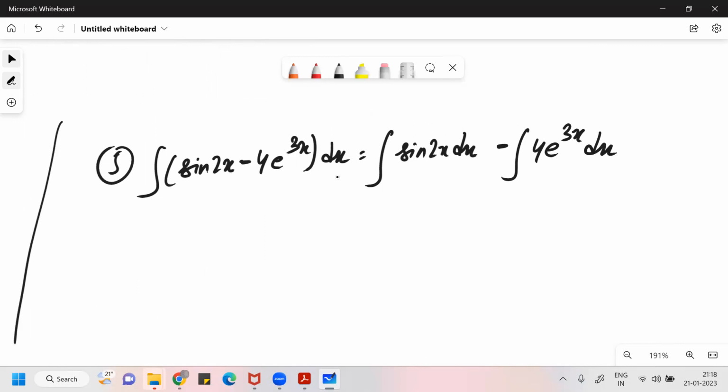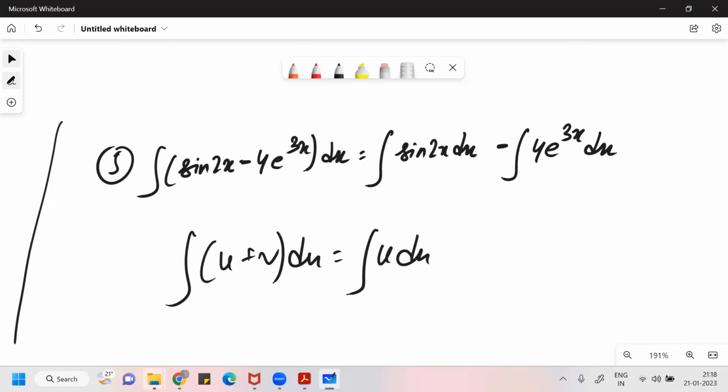Remember, when you are working on integration, the constant can move in and out of the integration sign, and you can remember that the integration of (u plus v) dx is nothing but the integration of u plus the integration of v.